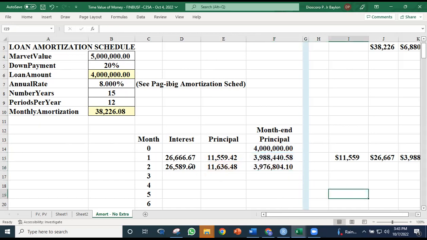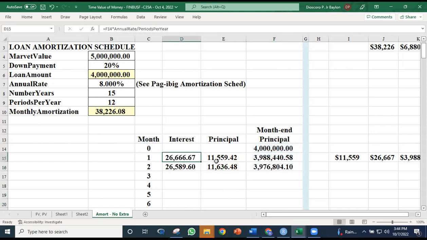So you notice, class, na itong formula na to, yung mga formula dito sa interest, which is the previous month-end times rate divided by the periods per year, is the same as this one. Yung principal din dito, which is yung monthly amortization minus the interest, will be the same as this one. And then the month-end principal will be the previous month-end minus the principal payment of this month. Okay, that will be the same as this one. Pareho lang siya.